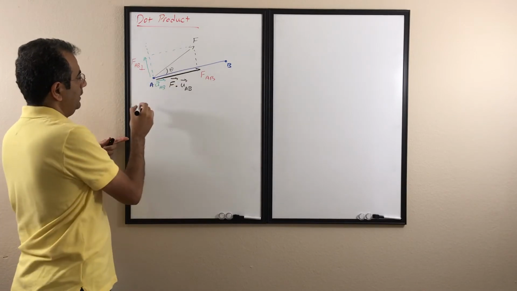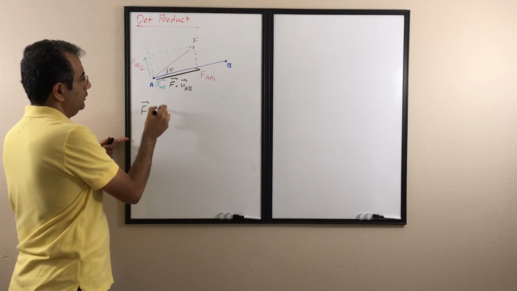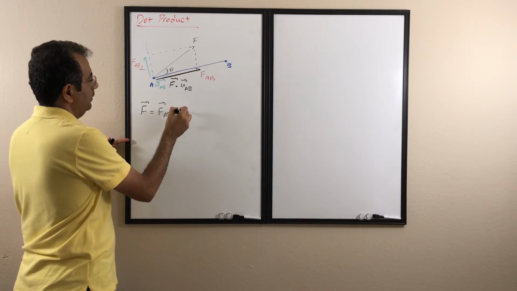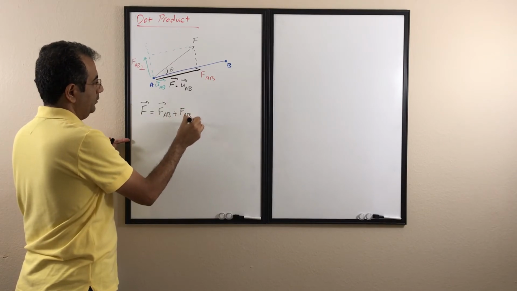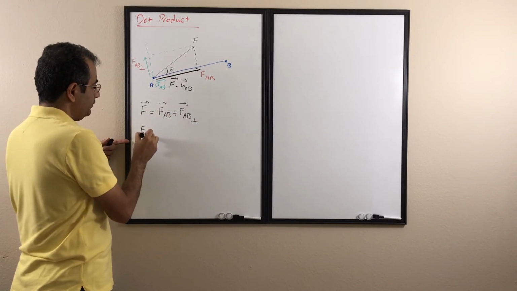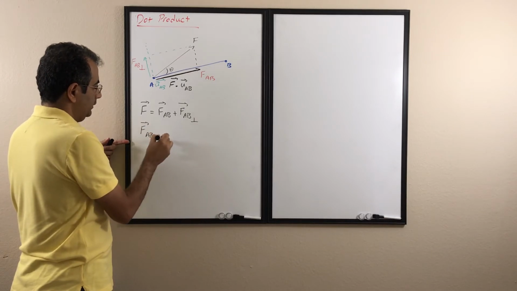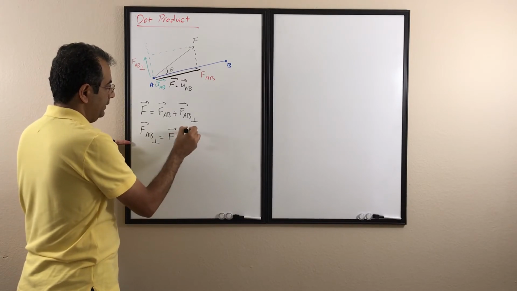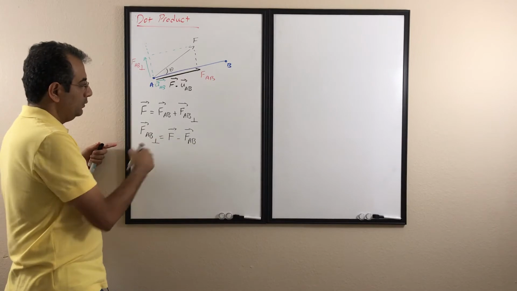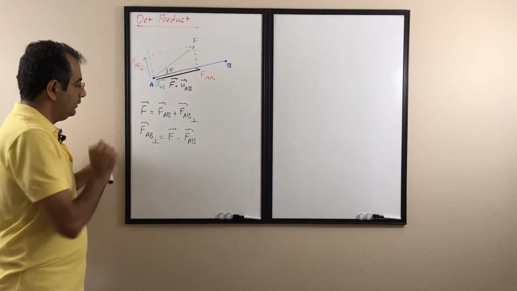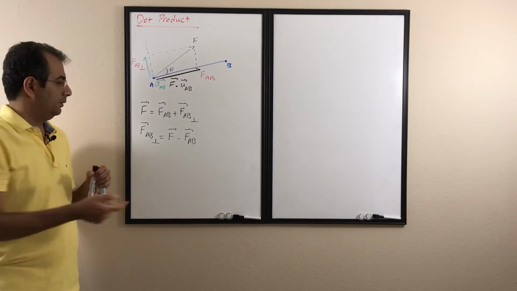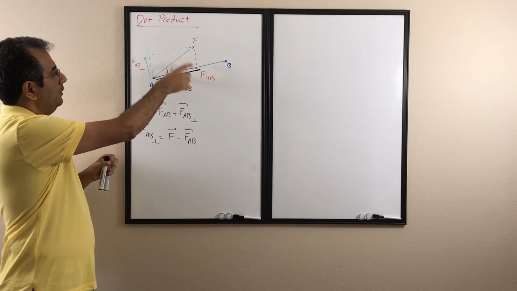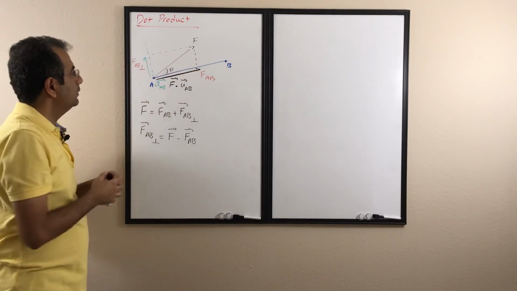We can write F is equal to F_AB plus F_AB perpendicular. So F_AB perpendicular is just F minus F_AB, and then you can do the calculation from here to get the F_AB perpendicular to that line. So this is the projection on the line, and this is the projection on the perpendicular line.